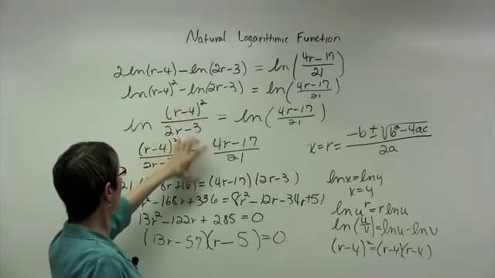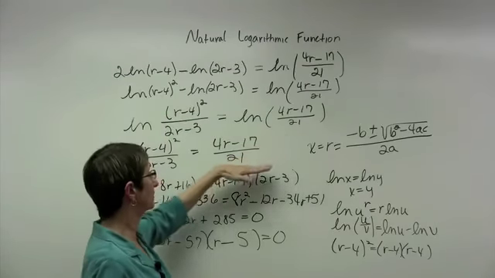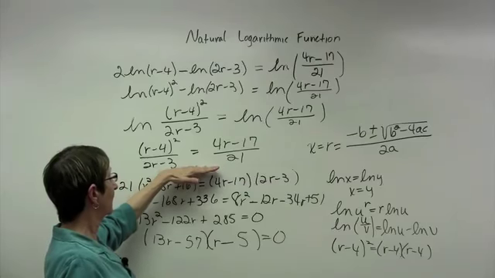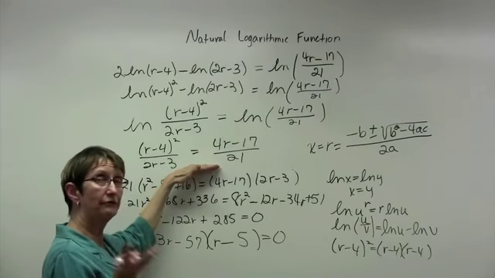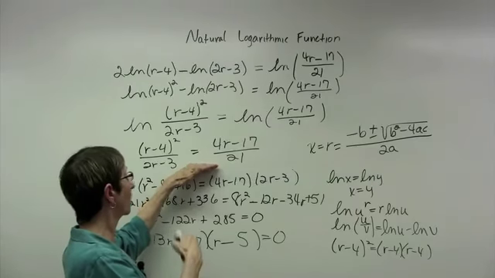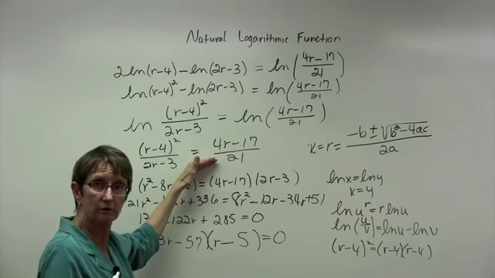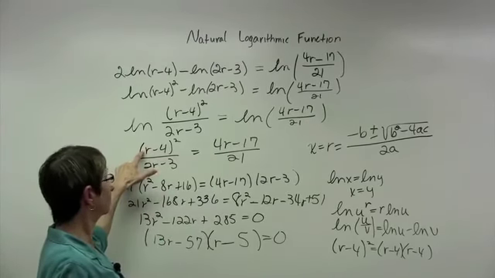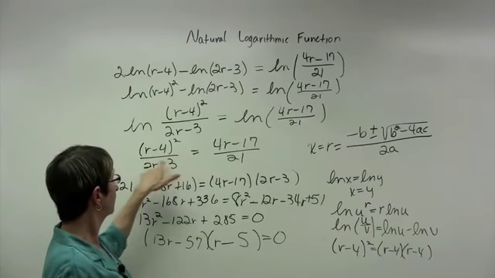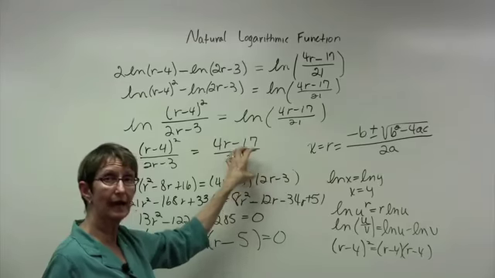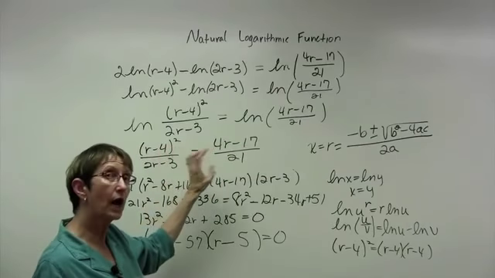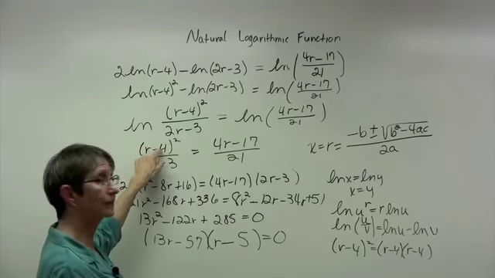Now there's still an alternate version. When you get to the part where you've gotten rid of the logs back up here, if this were a multiple choice question, and you had, say, 4 answers, and one of them was r equal to 4, you could plug in r equal to 4 here, here, and here, and see if you get the same thing on both sides. Now, r equal to 4 would not work here because 4 minus 4 gives you 0.